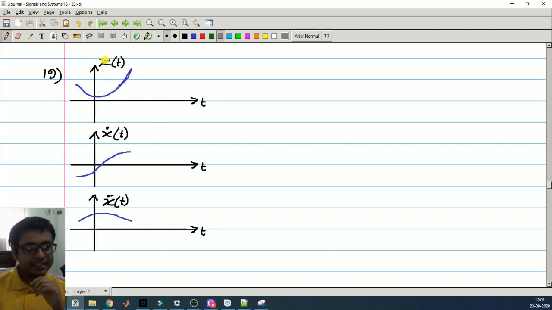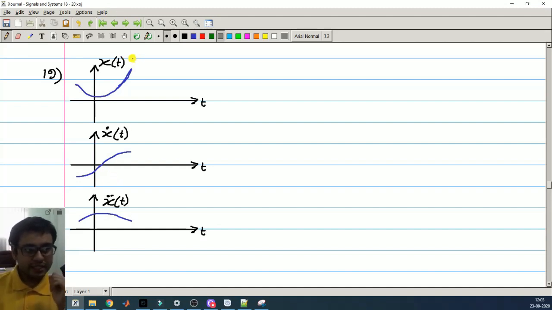In the same way, consider we have a signal x t which is not causal. You can take the derivative of this signal, which will look somewhat like this, and it is again not causal. This is x dot, first derivative of x. You can calculate second derivative x double dot, which will look somewhat like this. Again, this is not causal.